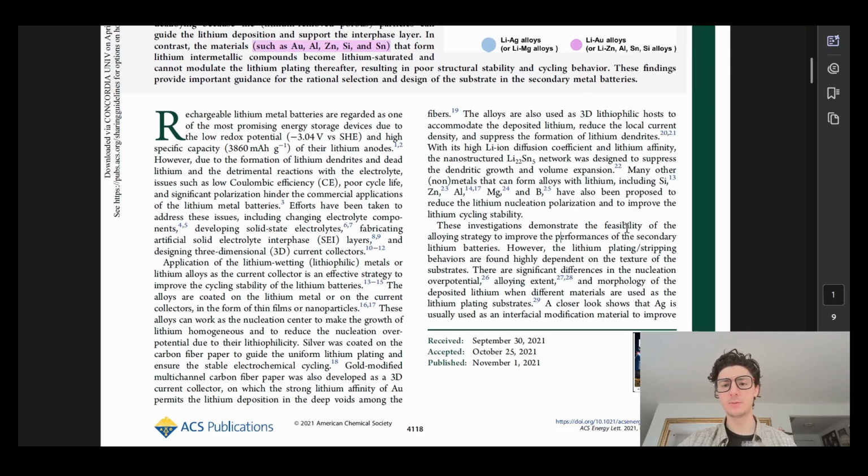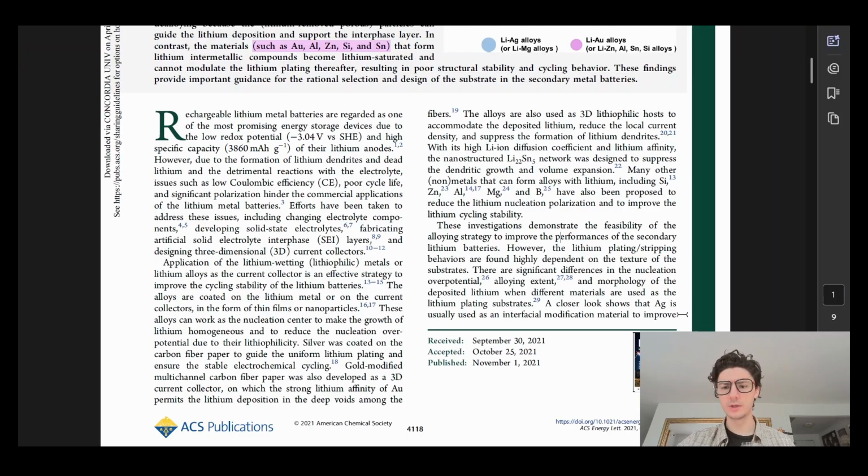These investigations demonstrate the feasibility of the alloying strategy to improve the performances of the secondary lithium batteries. However, the lithium plating/stripping behaviors are found highly dependent on the texture of the substrates. There are significant differences in the nucleation overpotential, alloying extent, and morphology of the deposited lithium when different materials are used as the lithium plating substrate.